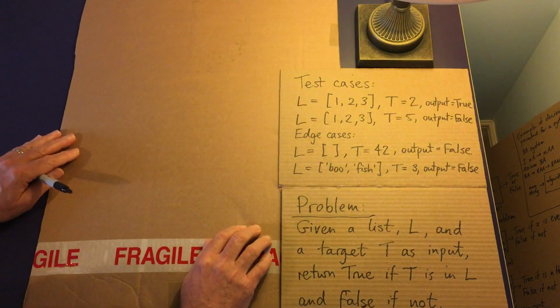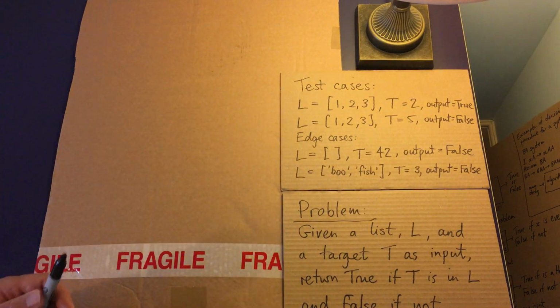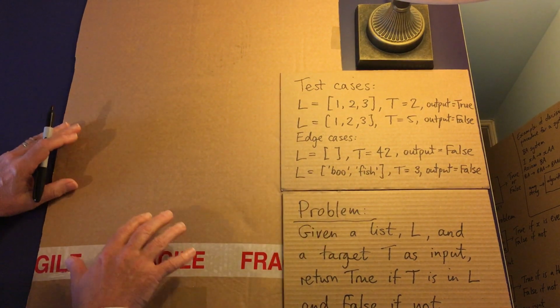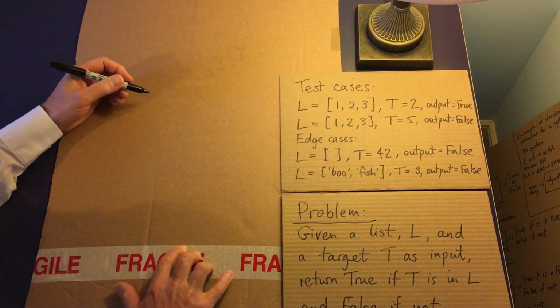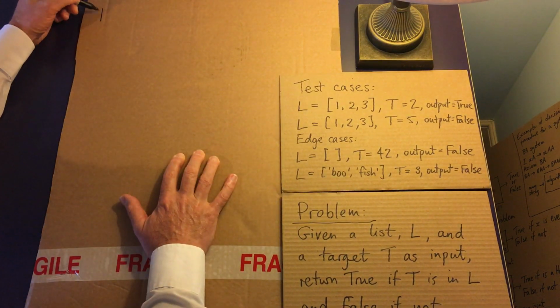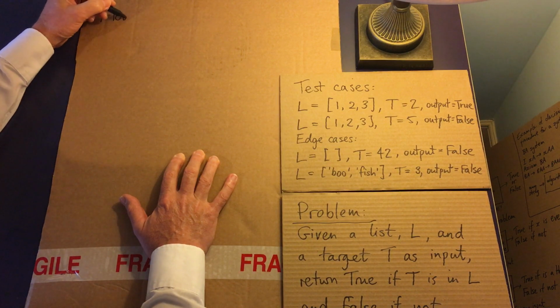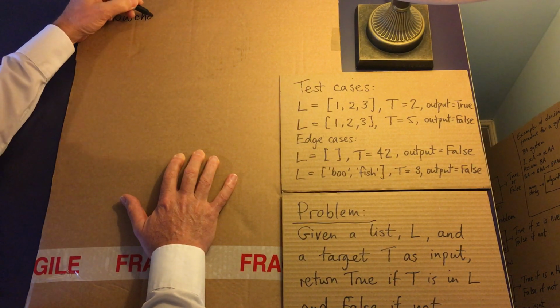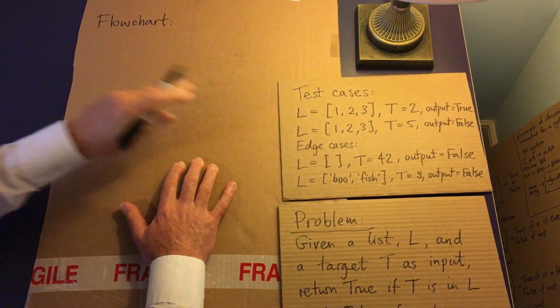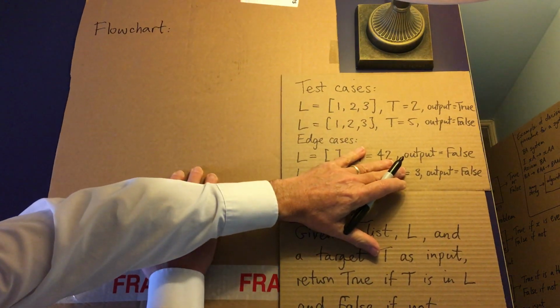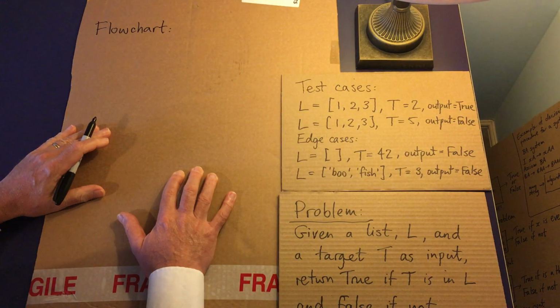And then we'll start writing the algorithm down on the big piece of cardboard that I've got here. So I'm going to write it as a flow chart. Hopefully you can see that and it's not off the top of the camera.